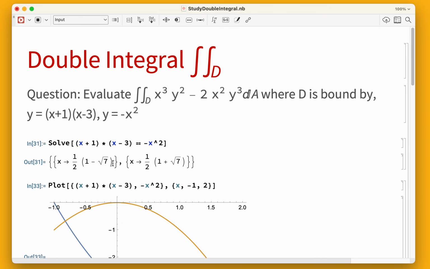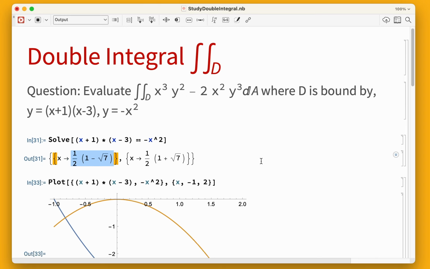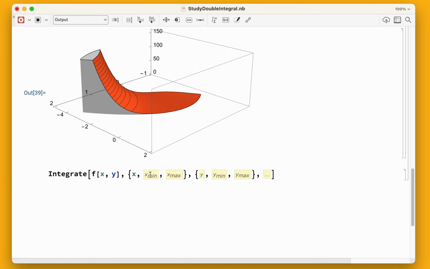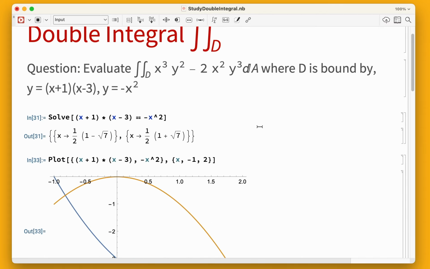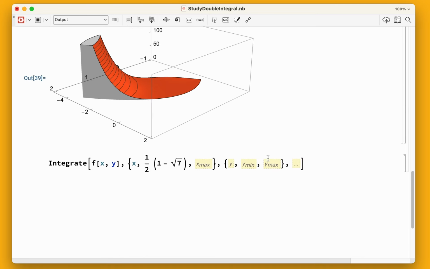So we'll copy this, the lower limit, and put it in xmin. We'll copy this upper limit of x and put it in xmax, sorry.